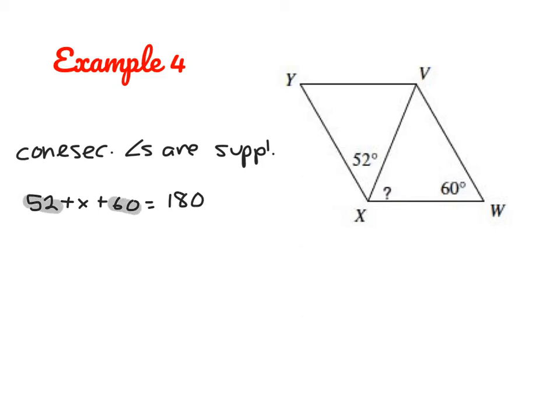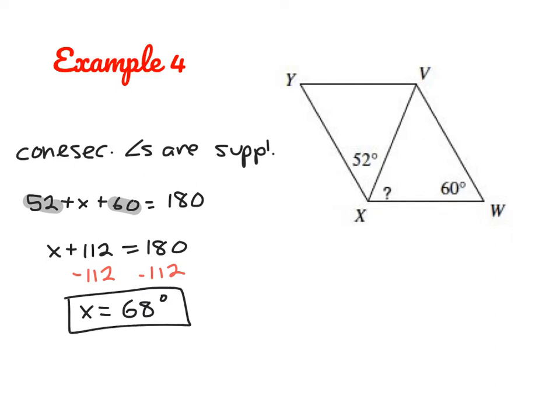Here we can combine like terms, so x plus 112 equals 180. We finish solving by subtracting 112 from both sides. So that missing angle is going to be 68 degrees. Once again, we use the fact that consecutive angles are supplementary in parallelograms, and these two angles are consecutive.